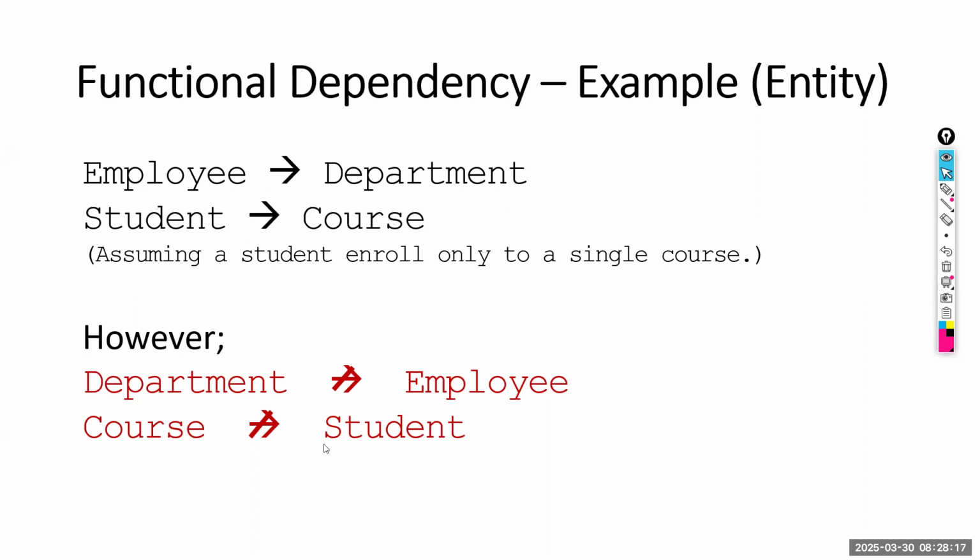If a course can have many students, then we can't say course functionally determines student. But if a student can study only one course, yes, it is functionally dependent. So one-to-one and many-to-one preserve functional dependency at entity level, but not other cardinalities.